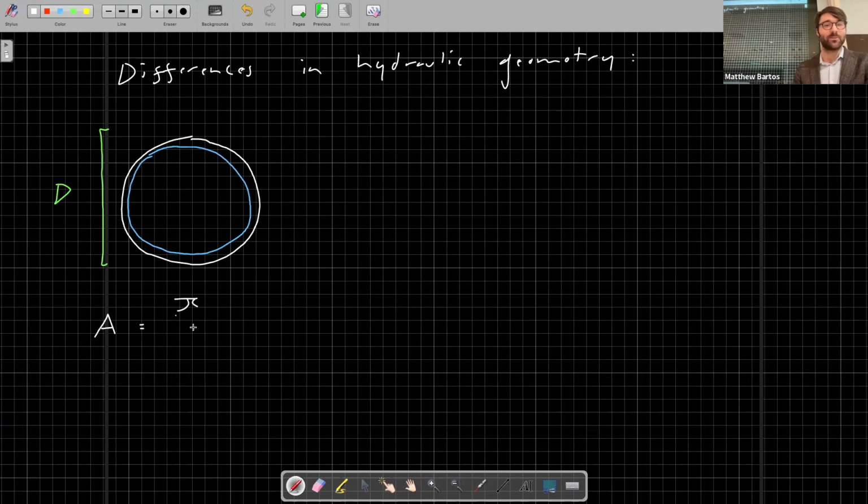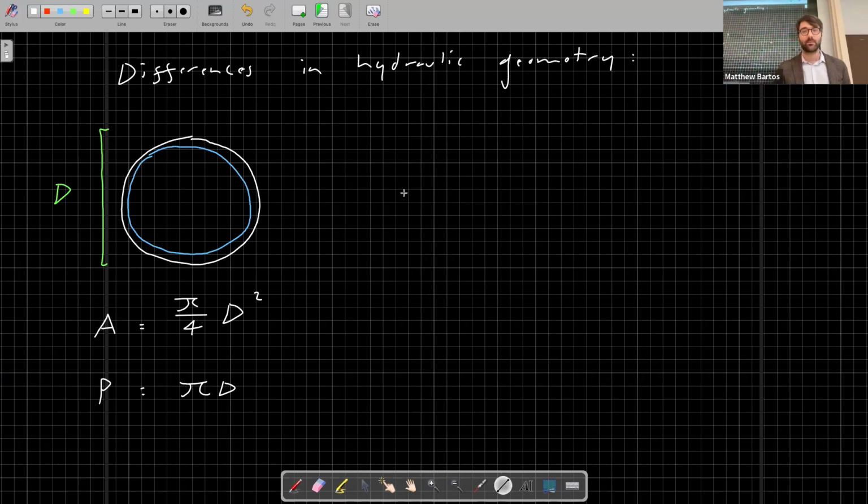Right, so pi over 4 times d squared. So our area will always be a function of the diameter of the pipe. Similarly, our wetted perimeter, the perimeter that is in contact with the water, will be pi times d, the circumference of the circle. So for pipe flow, both of these hydraulic geometries are constant.